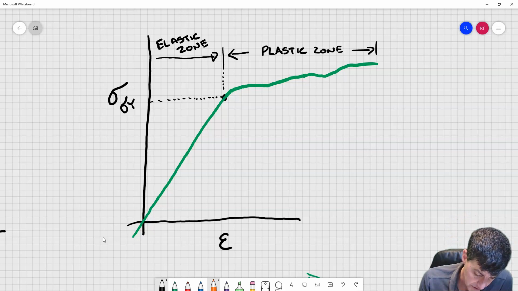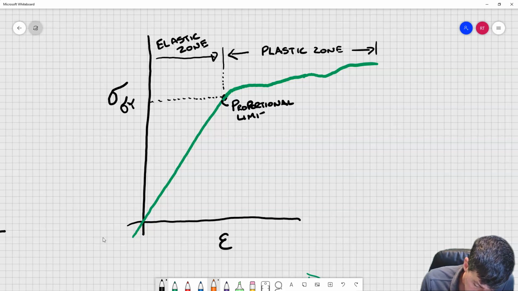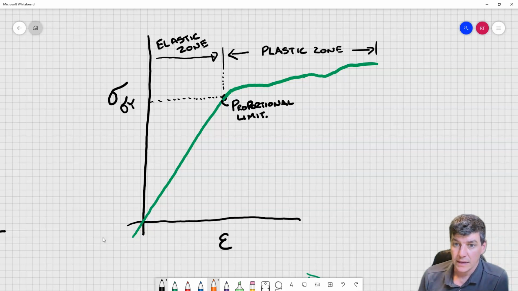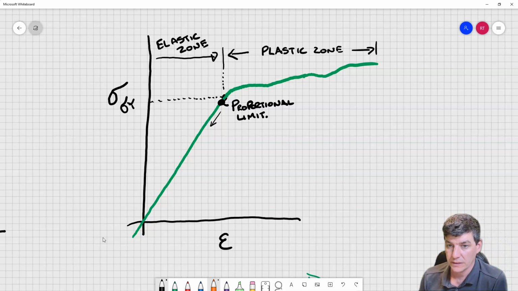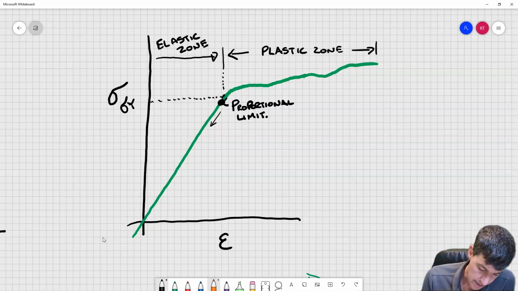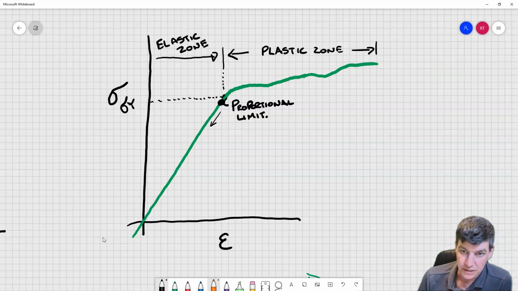In and around that zone as well is where we have our proportional limit. Proportional means that there's a ratio attached, and that's this zone where we have our proportional zone. But at some point here we no longer are proportional, and at that point we don't have a linear relationship.